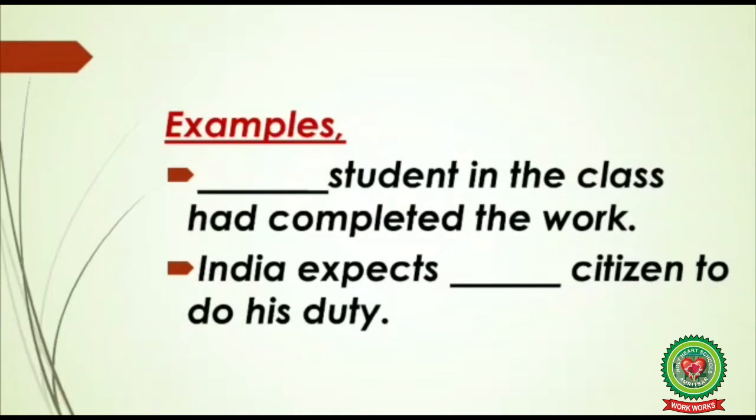So we will use each. It will be each student in the class had completed the work. Students, in the second sentence, there can be any number of citizens. So we will use every. It will be India expects every citizen to do his duty.